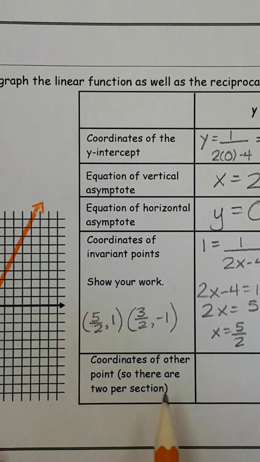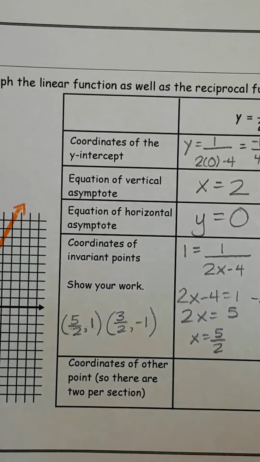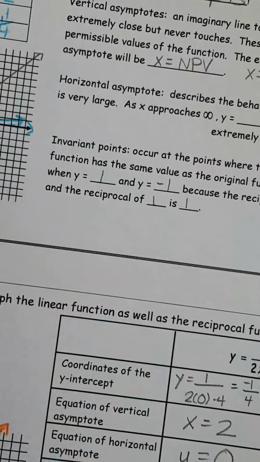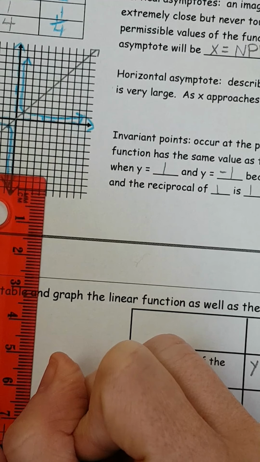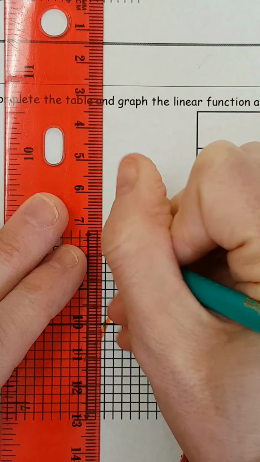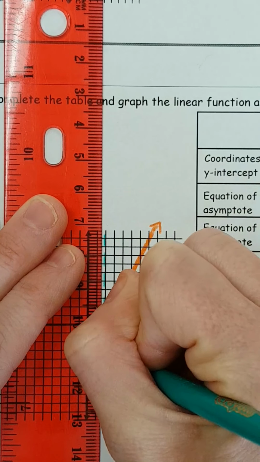So now before we get to this one here, we're just going to put all the information that we have on there. So I'm going to start with my asymptotes. So I'm going to put x equals 2 in here. You just can't really see me drawing that, not that you need to, but anyway. It has to be a dotted line.